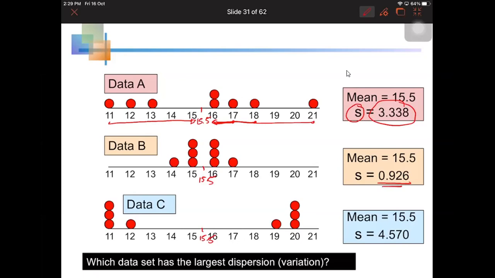A lower standard deviation means most of the data is very close to the mean. I repeat, if most of the data is close to the mean, the standard deviation will be lower. If the data is spread very wide, berjauhan daripada mean, meaning the values are far from the mean, the standard deviation will be higher.